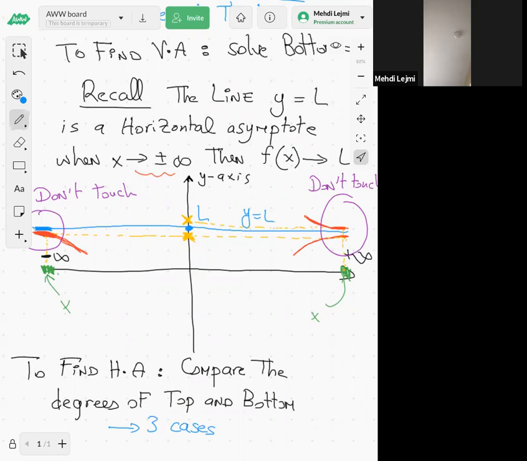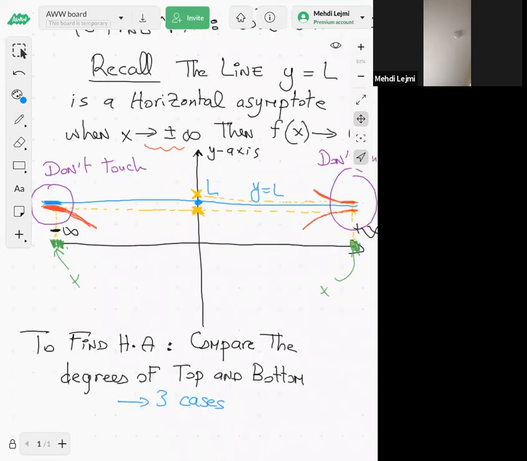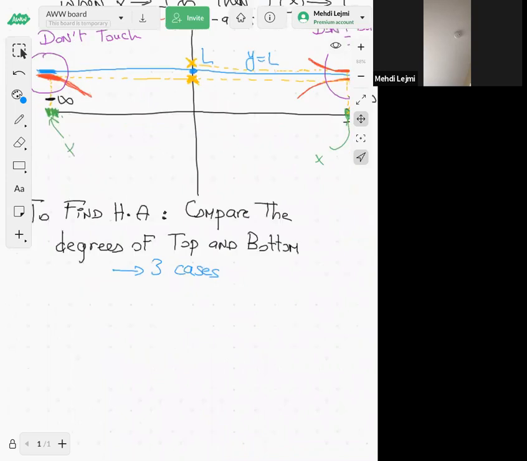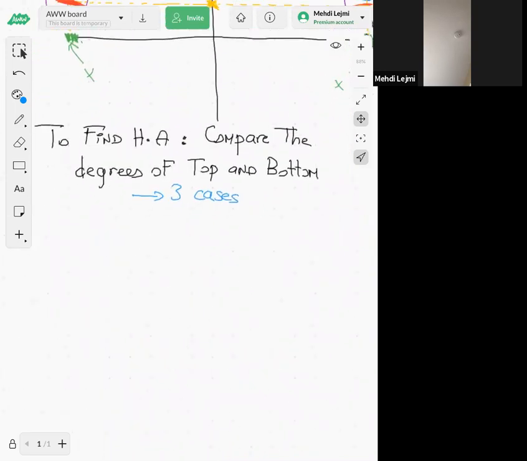Now, today, this is just to remind you what we did very quickly last week. So now let's have some explicit examples and graph our rational functions. I'm going to show you how to use all this information. So today we're going to graph.